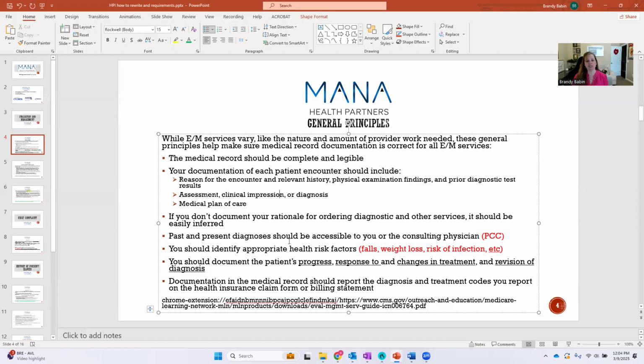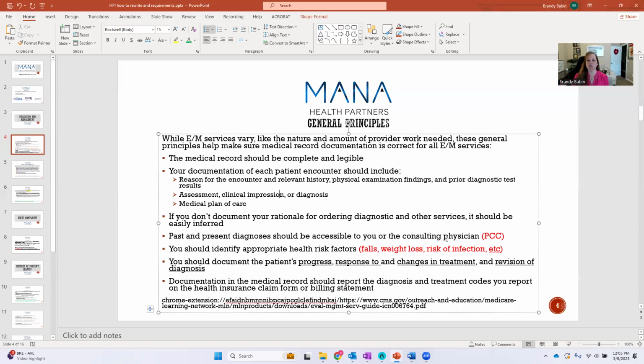Your past and present diagnoses should be accessible to you. Now, they automatically download from Point Click Care into our documentation system. But if they're not in Point Click Care, then they can't download into your documentation. How do you get them in Point Click Care? Well, let's take for an example an 80-pound woman that has protein calorie malnutrition, anorexia, adult failure to thrive, and weight loss.